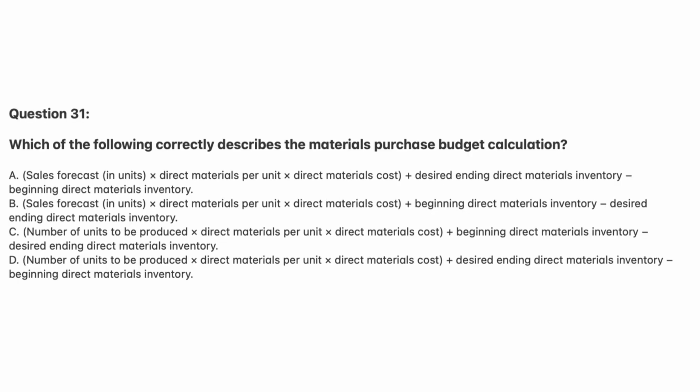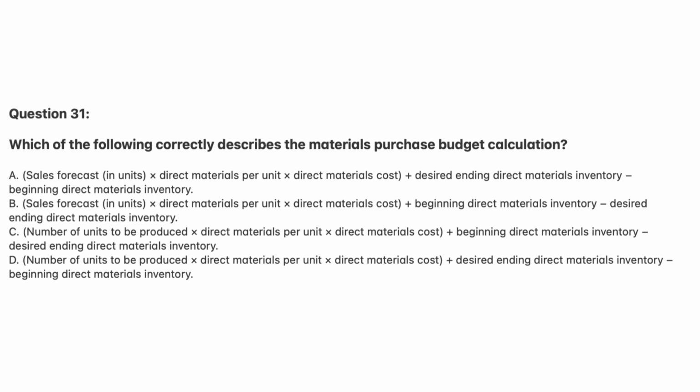Question 31. Which of the following correctly describes the materials purchase budget calculation? A. Sales forecast, in units, times direct materials per unit times direct materials cost, plus desired ending direct materials inventory minus beginning direct materials inventory. B. Sales forecast, in units, times direct materials per unit times direct materials cost, plus beginning direct materials inventory minus desired ending direct materials inventory.